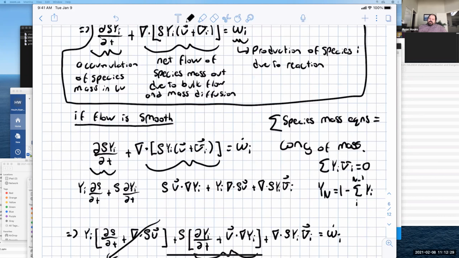Okay, and so that's just another way of doing this. You don't solve the species mass equation for the very last species, but you get its mass fraction from the definition of mass fraction.